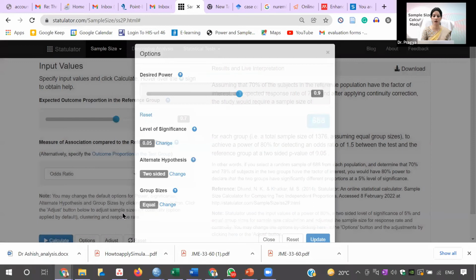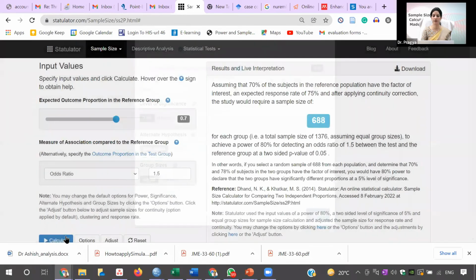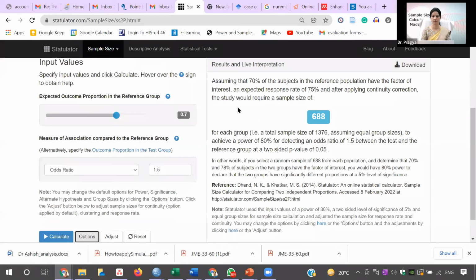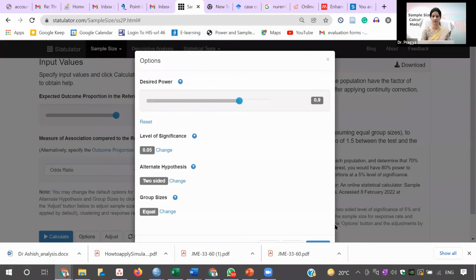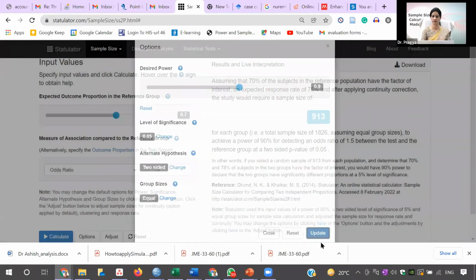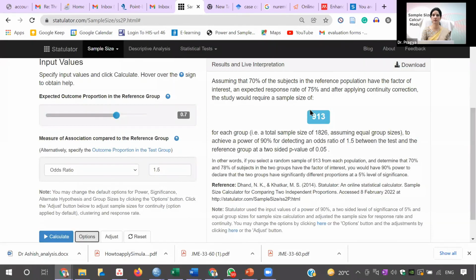So you can see now, again calculate, so now it has taken that 90%. So 913. So you can see with 1.5, the number of cases has increased to 913.